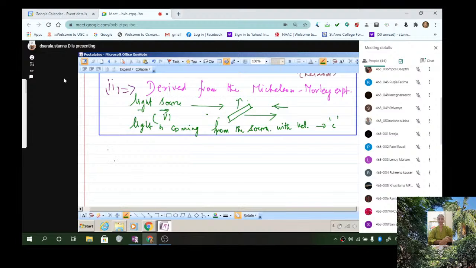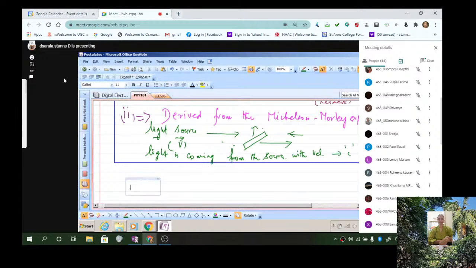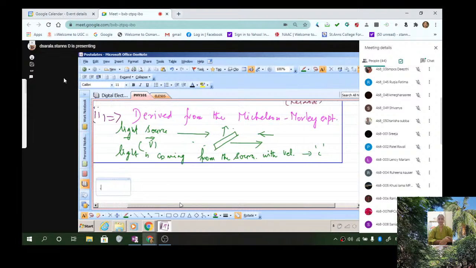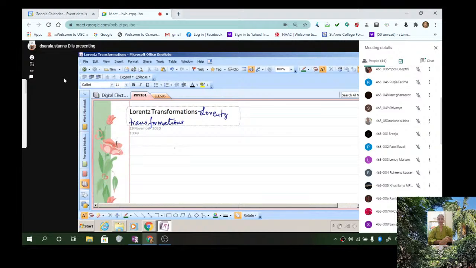These are the postulates of your special theory of relativity. So that means your Galilean transformations, what we considered, are not completely valid here. There is no constancy. So there are some other transformations, and we call them Lorentz transformations. Let us see what they are.